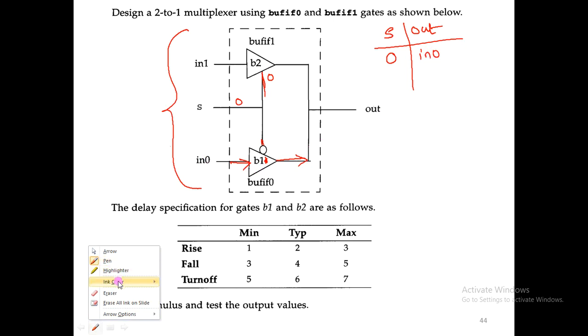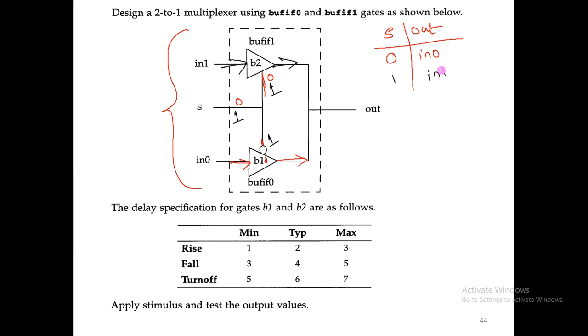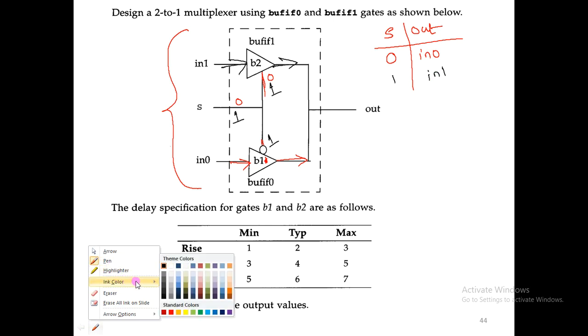Similarly, if I give the logic 1, then here also I'll get 1. But this time B2 will be transmitted. So in1 will be transferred to the output. So when S is equal to 1, you will get in1. So this is the logic for the mux, and it is acting as a 2:1 mux.